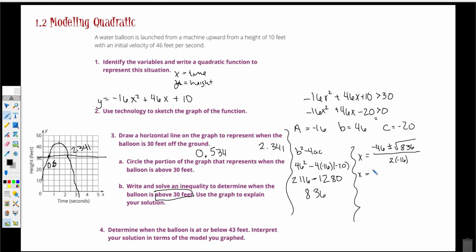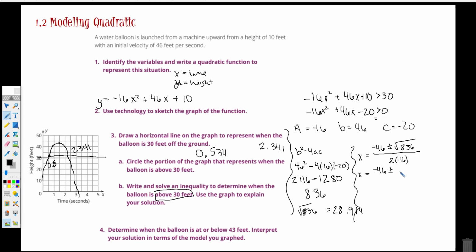And so we are going to take and find the decimal of it. So we're going to take and find the square root of 836, which is 28.914 approximately.